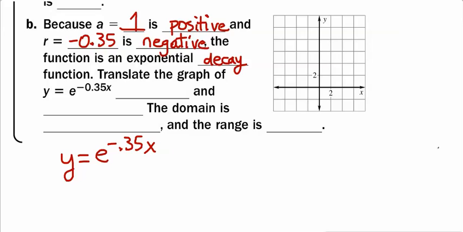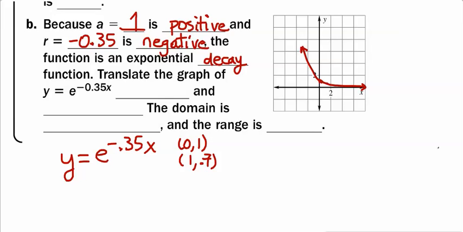If you plug in 0, you get 1. And if you plug in 1 into this simpler version, you get 0.7. So 1 comma 0.7 is there-ish, and it's exponential decay, so you know the general shape is like this.